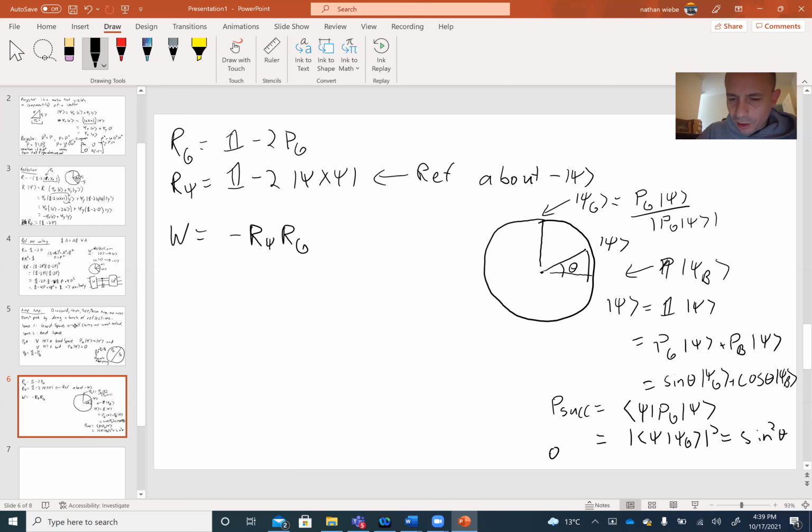So theta here can be viewed as related to the probability of success. Theta could also be viewed as the arc sine of the square root of the initial probability of success.